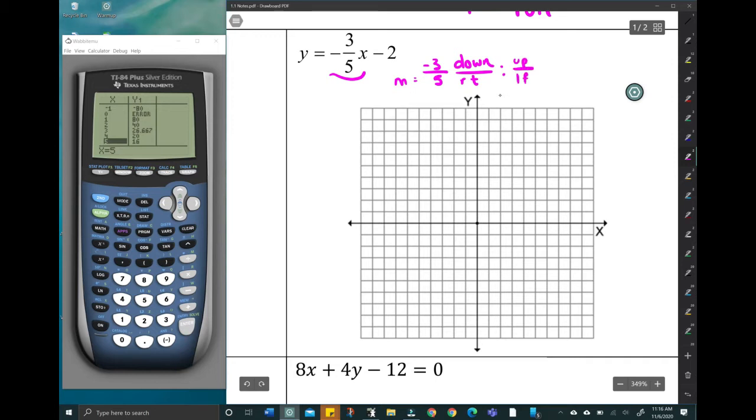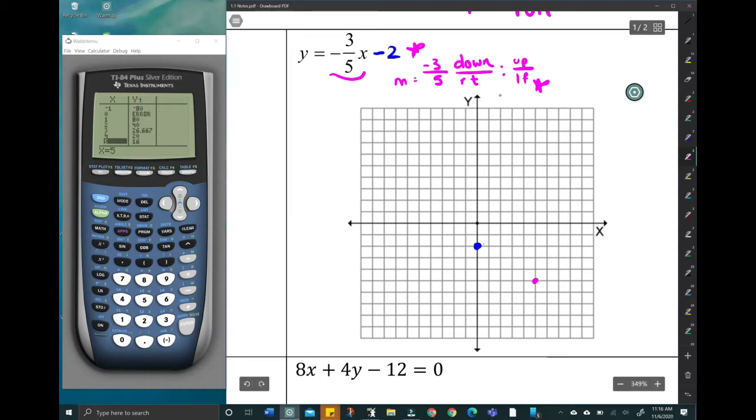Either way is fine for that. Negative 2, that is where you'll start the graph. So this time, down 2. And the slope, if you need to write this little bit for yourself, certainly do so, is down 3, 1, 2, 3, and then over 5. 1, 2, 3, 4, 5.